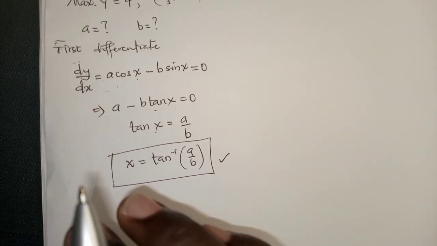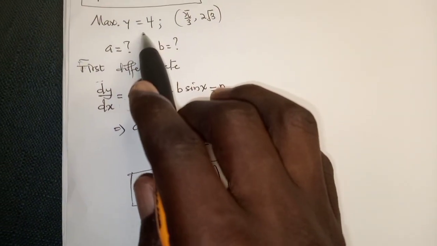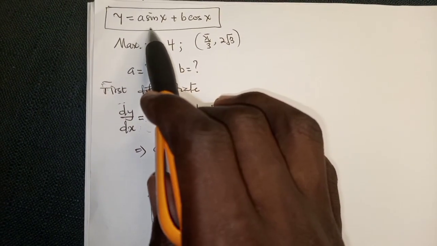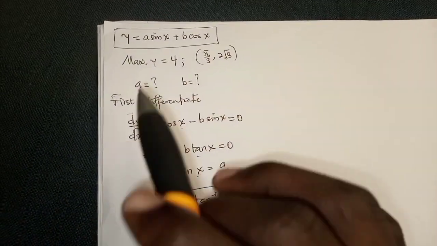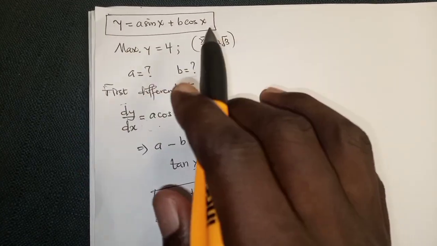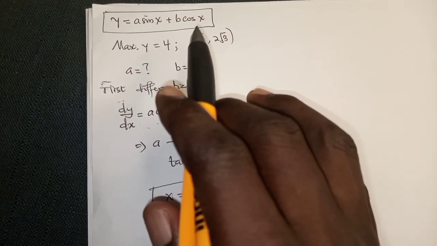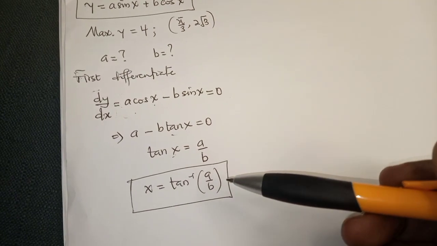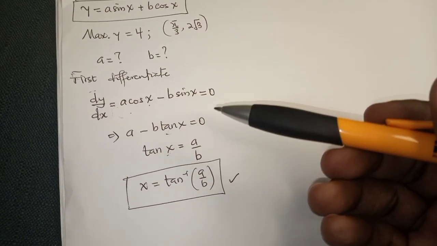We now use this value and insert it into the equation given, so that you get an expression as well. After you get the expression, you insert the x expression in it.